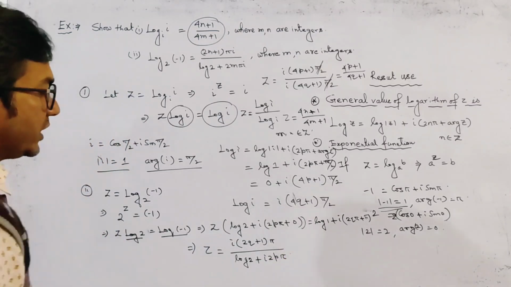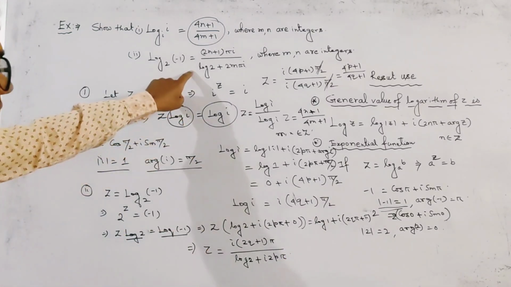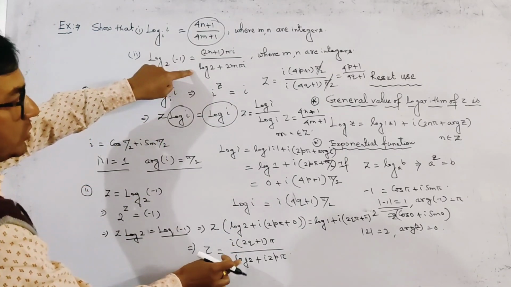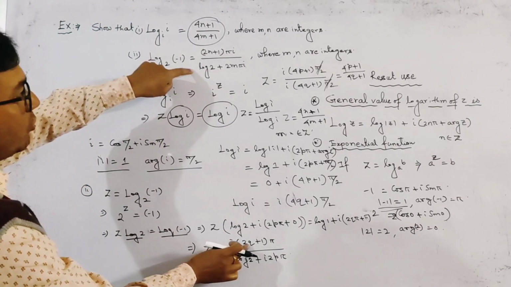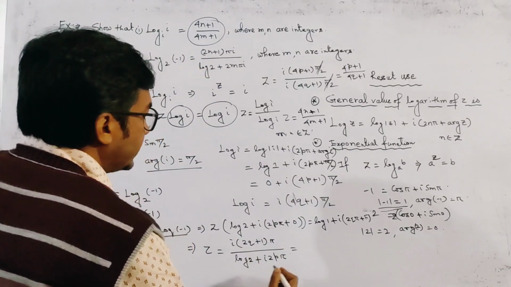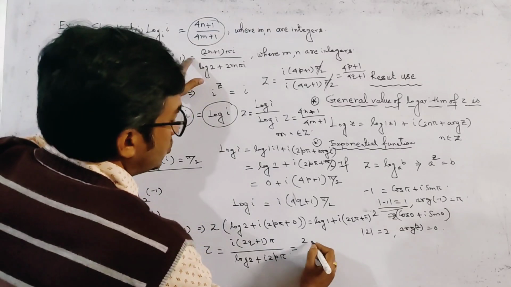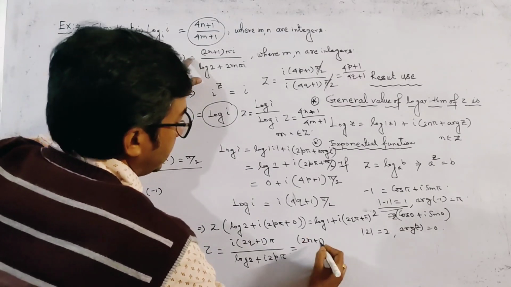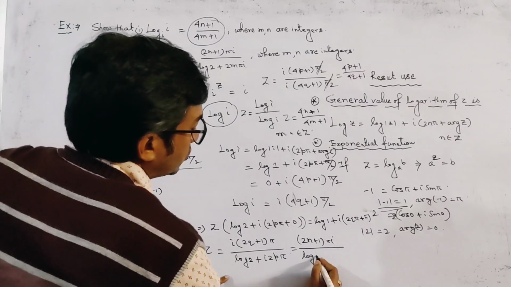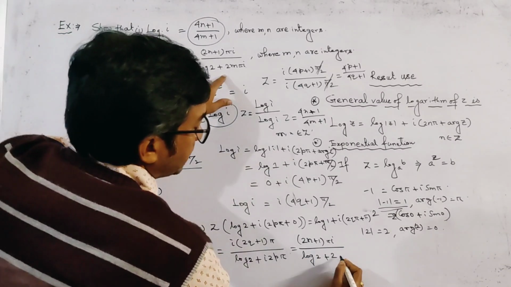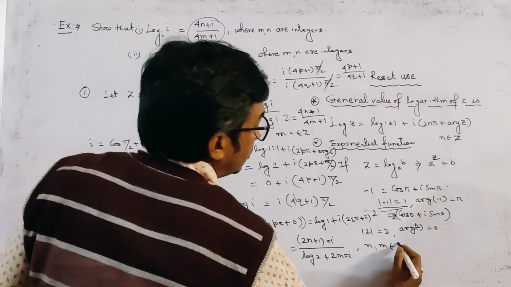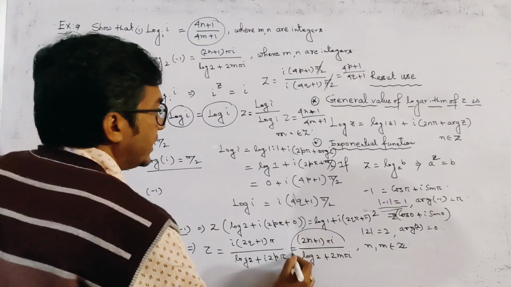Now if we see the given answer, it is in this form, but here n is used for q and m for p. So we write the result as (2n+1)πi divided by log 2 plus 2mπi, where n and m belong to Z. This is the second answer.